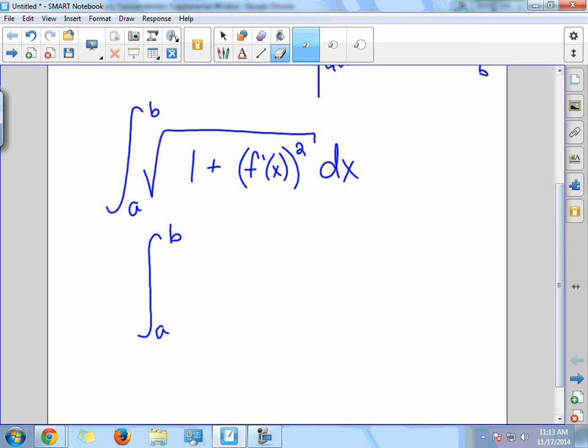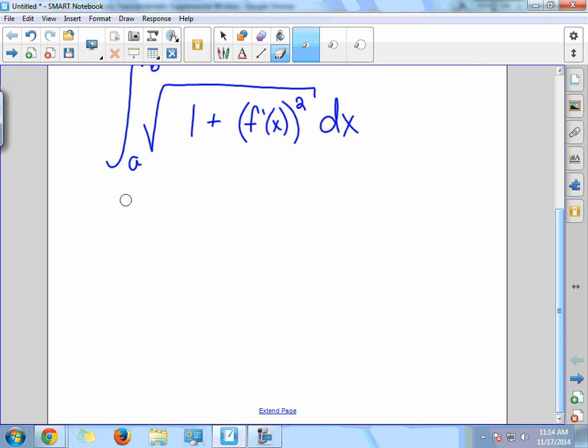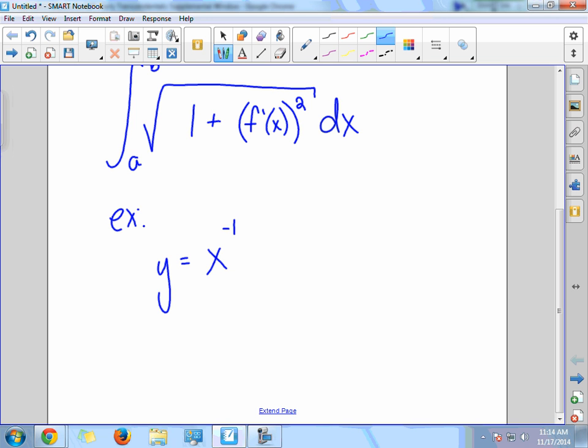So we're given this function, y is equal to x to the negative 1, and we want to find the length over the interval from 1 to 2.